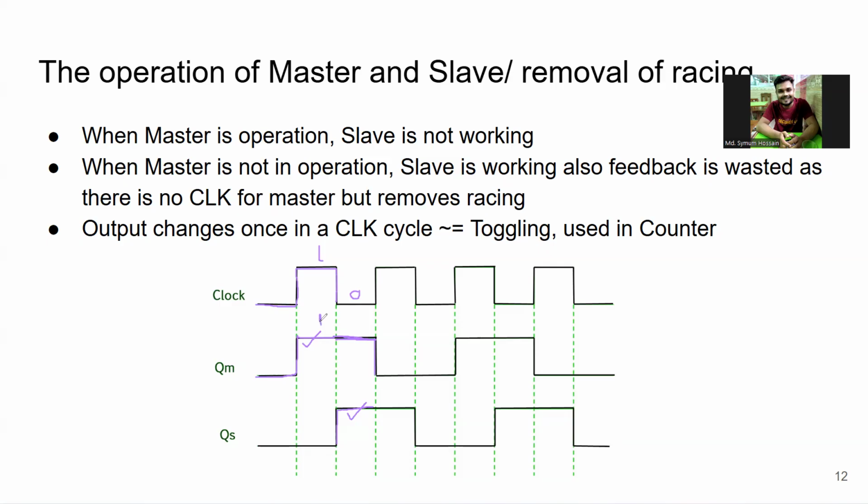During this time, master was having 1 and it will toggle the value to 0. As slave is silent here, slave will also work as a memory state, and after that it will toggle the value as well. As you can see, this is 1 0 1 0. This is how it's toggling.